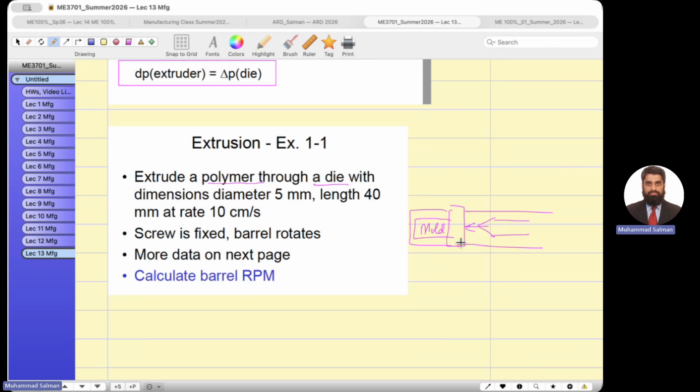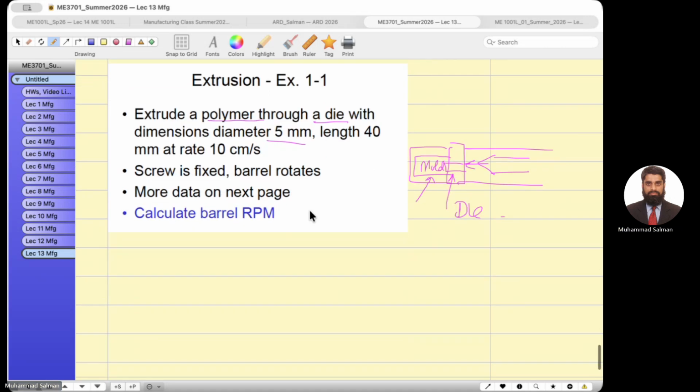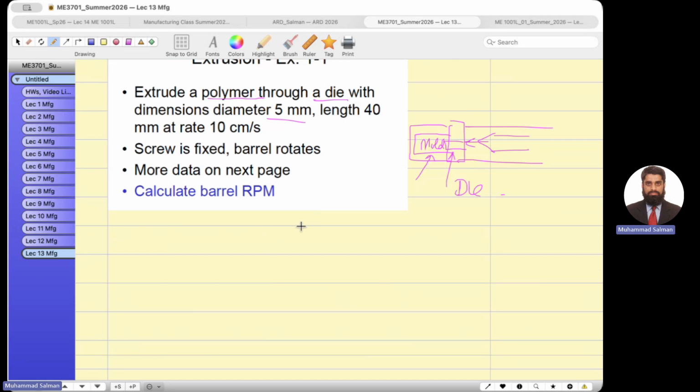Okay, now what will happen? This is our die, and it is a mold cavity with the dimension. So the mold has a cylindrical dimension. If I draw a cylinder, what is the area?